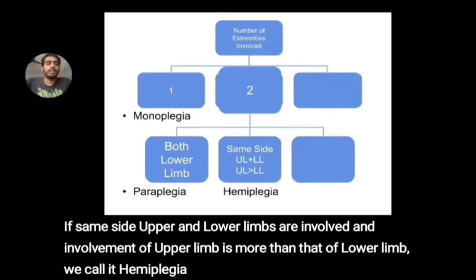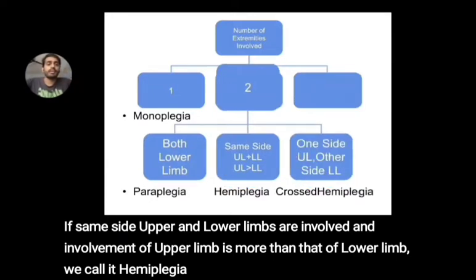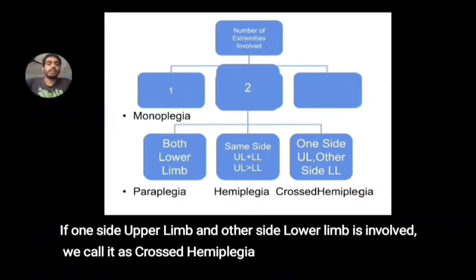If the same side upper limb and lower limb are involved, but the upper limb involvement is more than lower limb, then we call it hemiplegia. At the same time, if the upper limb of one side is involved and the other side lower limb is involved, we call it crossed hemiplegia.